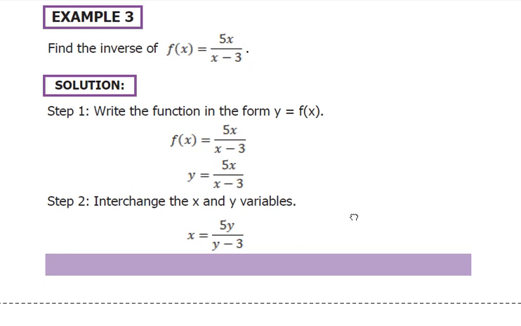For the solution, we follow the steps. So we have to write in the form y equals f of x. So we have it here, y equals 5x all over x minus 3. Then we have to interchange. You write x instead of y. Then 5x becomes 5y. Then x minus 3 becomes y minus 3.